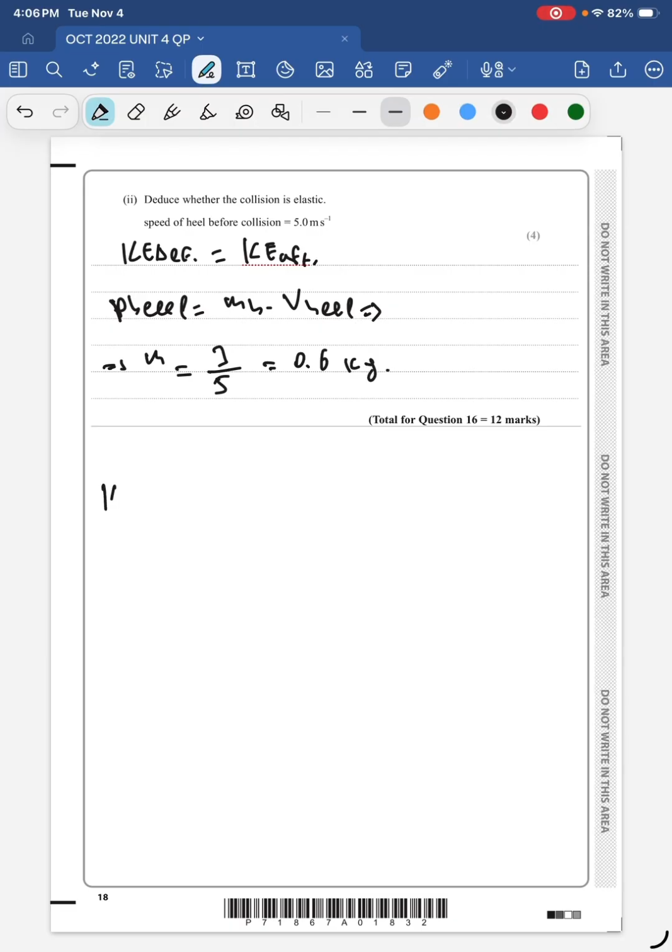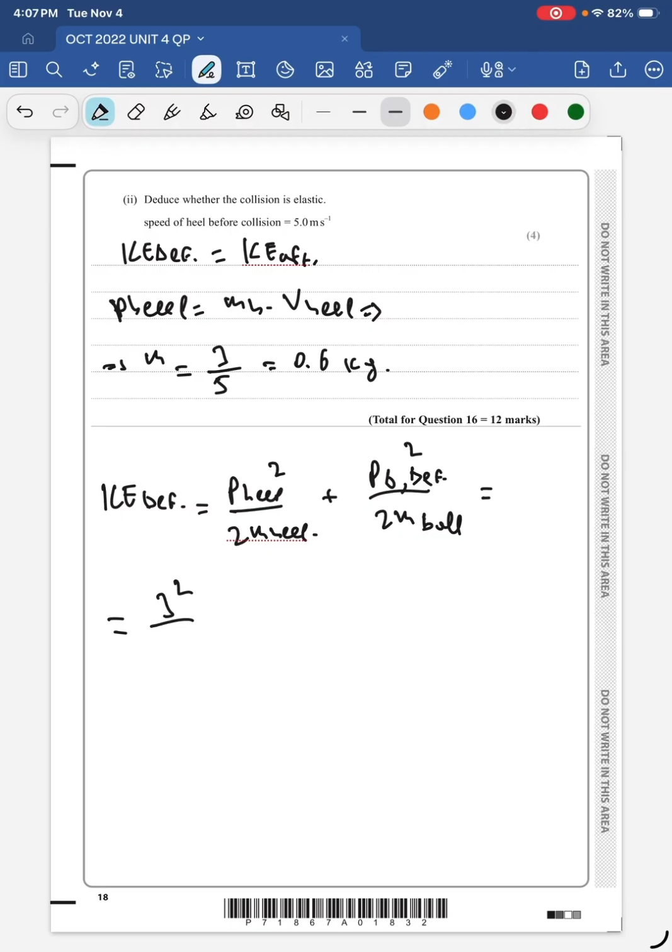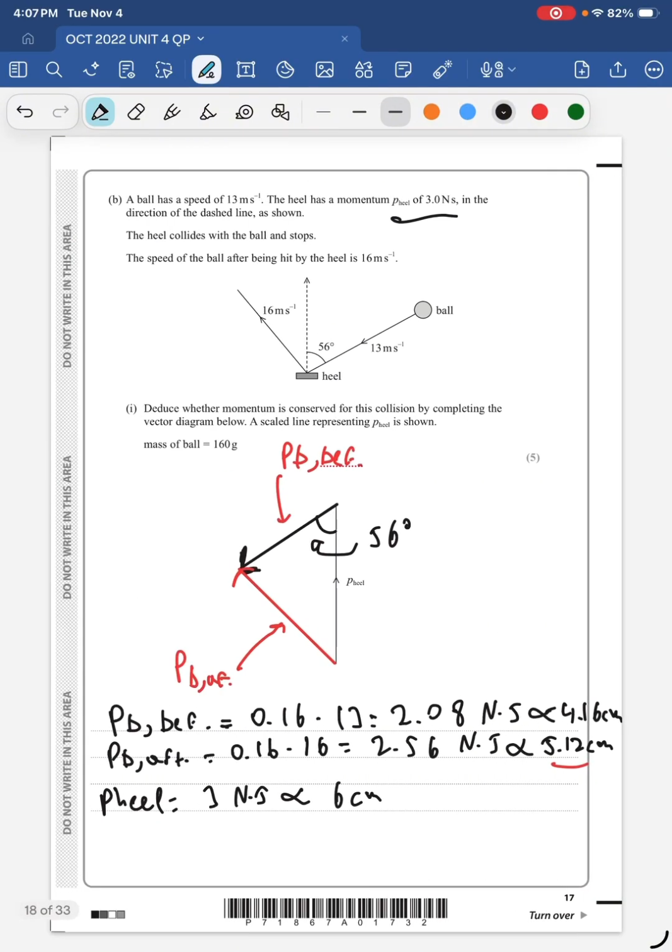So the kinetic energy before is, actually, let's use P heel squared over 2 mass of the heel plus P ball before squared over 2 times the mass of the ball. So the P heel before is 3 squared over 1.2, which is 2 times 0.6, plus the momentum of the ball before.